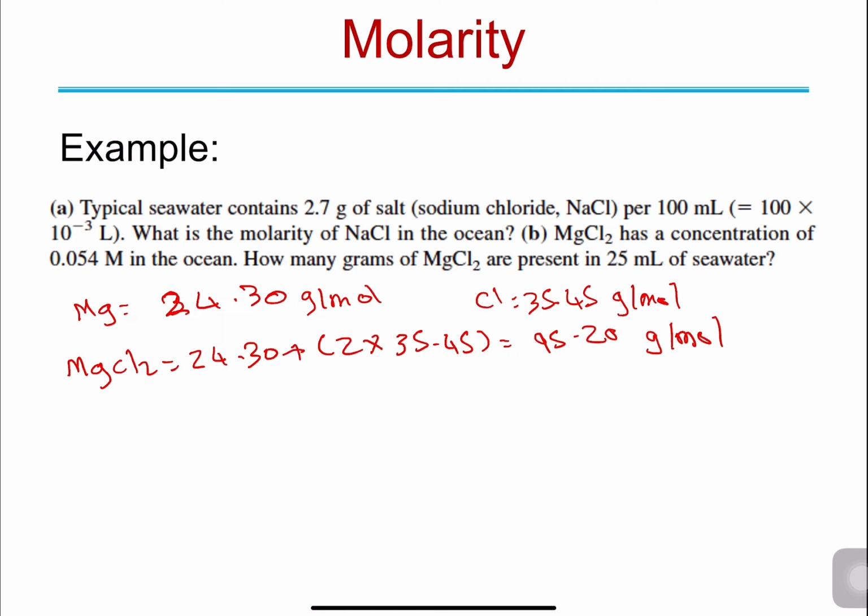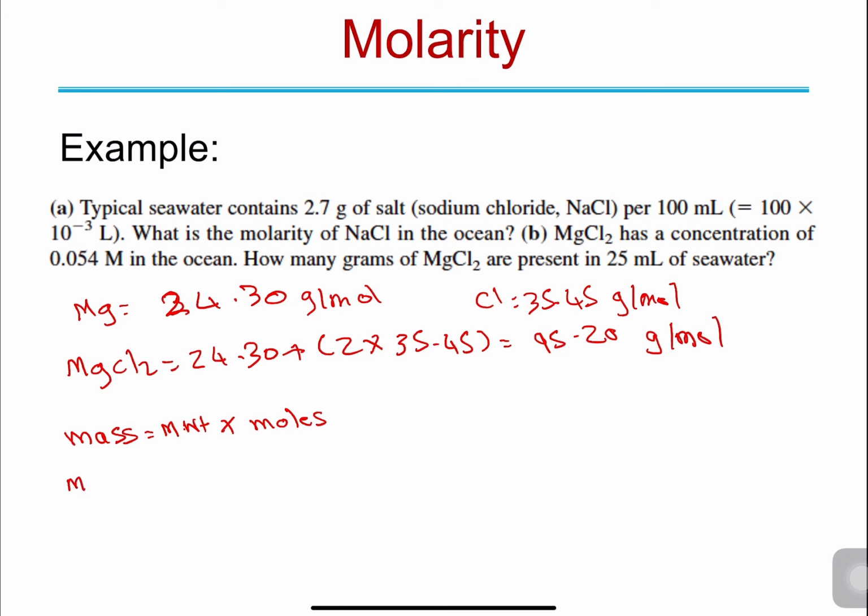We know that the number of moles will equal mass over molecular mass. So the mass, which is the thing we need to find, will equal the molecular mass times the number of moles.